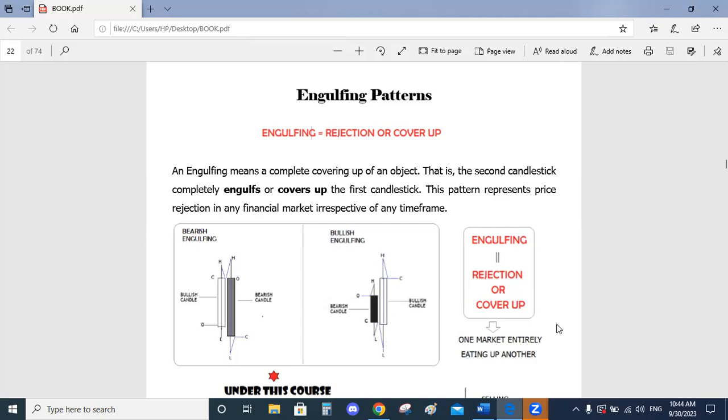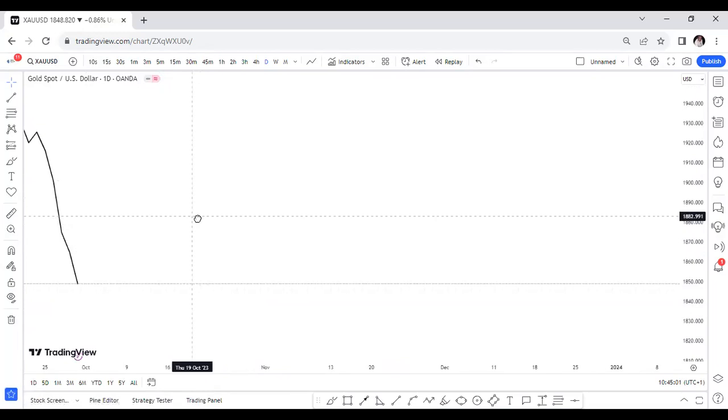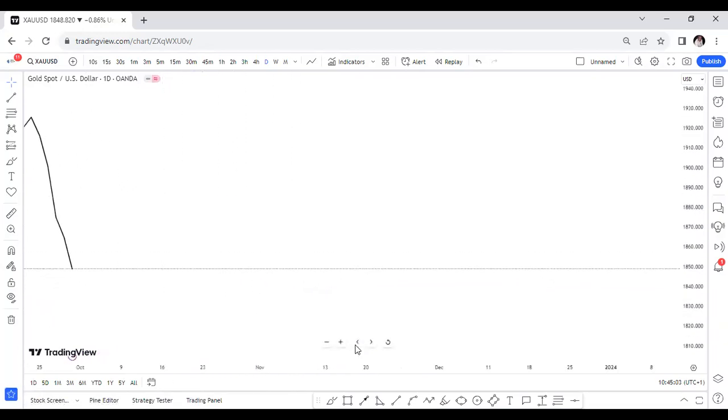So the basic thing is engulfing: one market entirely eating up another one. It's all about price, still price, and rejection of price manipulation. The same concept of manipulation or rejection that engulfing represents in the market.